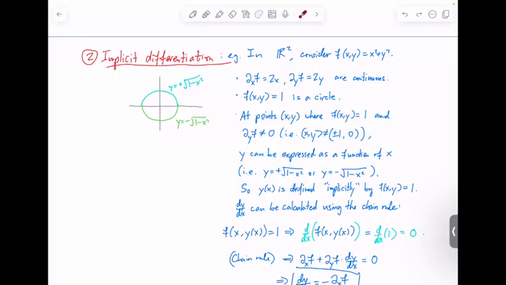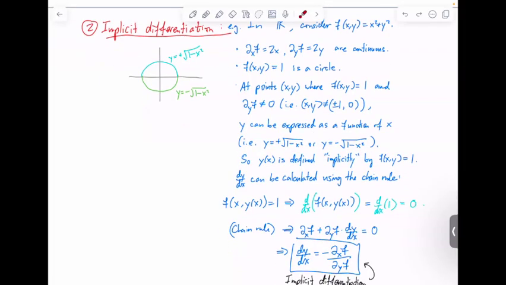Outside of these 2 points, you could always define y as a function of x. That means via this formula, x squared plus y squared equal to 1 implicitly defines a function y in terms of x. So that's what it means for something to be implicitly defined.